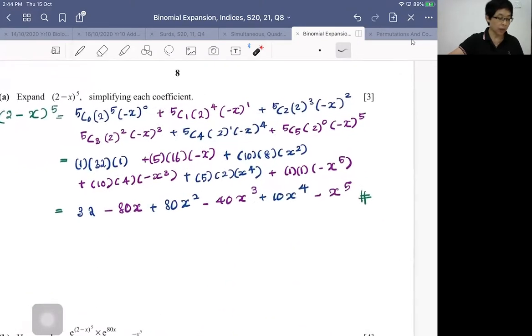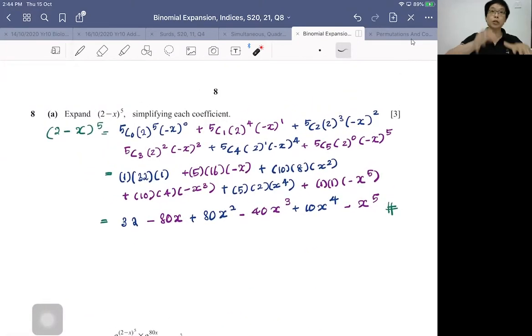Zooming into part A, it is rather straightforward. We just do the expansion accordingly. Of course, as usual, the common enemy waiting to devour us is careless mistakes. As long as we're careful and take one at a time, cool and chill, things should work out perfectly for you.